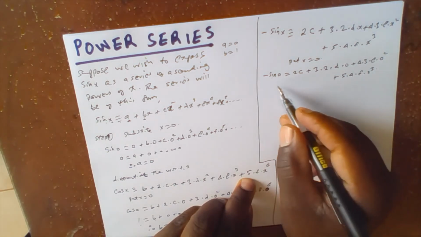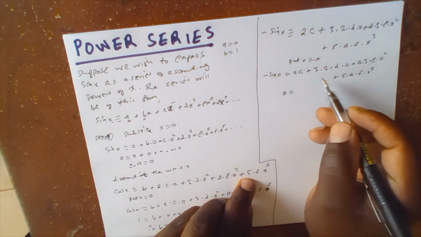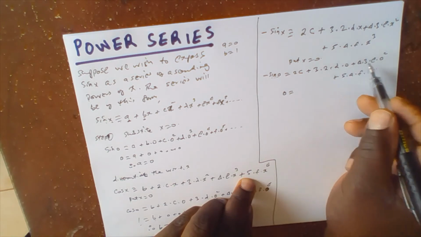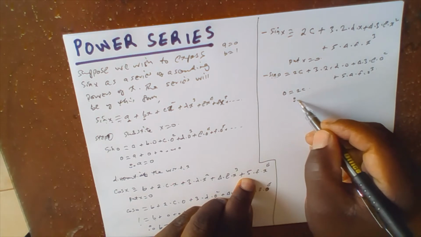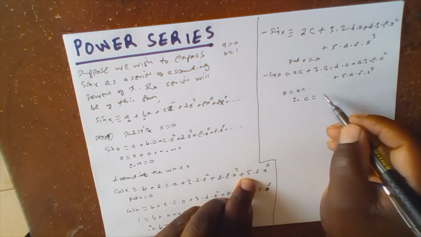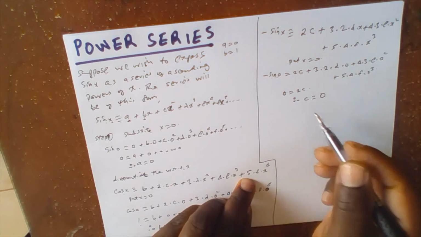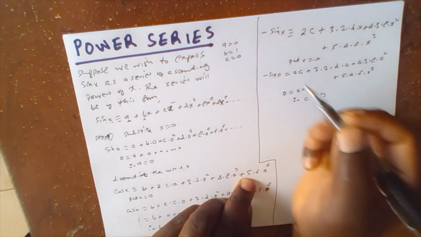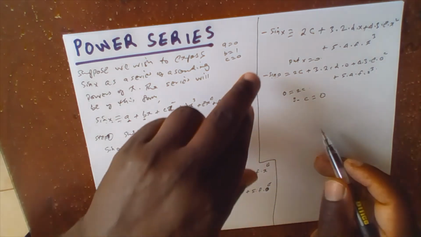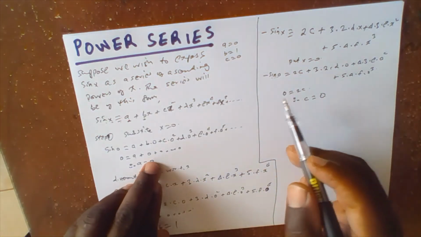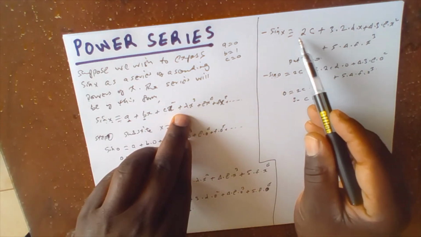Sin 0 is 0, so we have 0 equals to, all these are now 0 because we are multiplying with 0, so we remain with 2c. Therefore, c equals to 0 because 2c equals to 0. So after getting this, how do we get the value of d? We now differentiate this equation again.